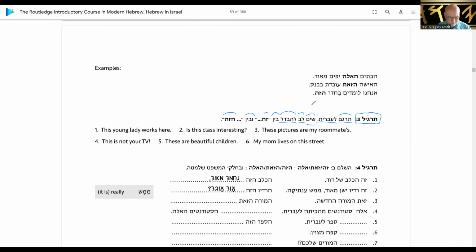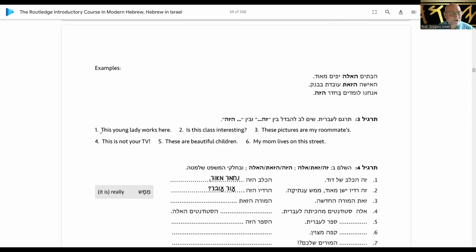Okay, so note the difference between zeh and hazeh. Just trying to figure out what the instructions are sometimes is a lesson in itself.